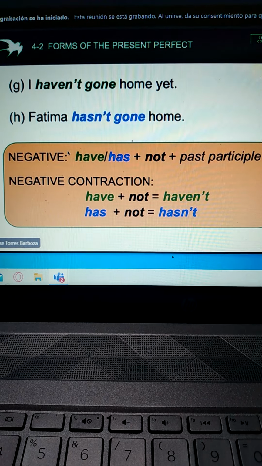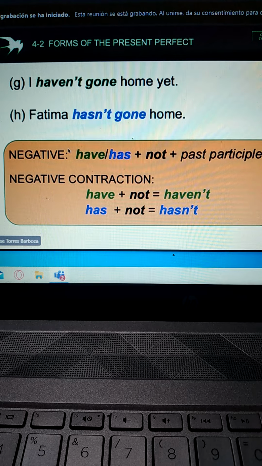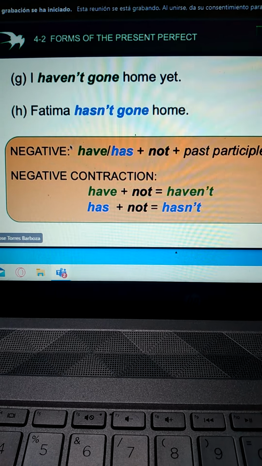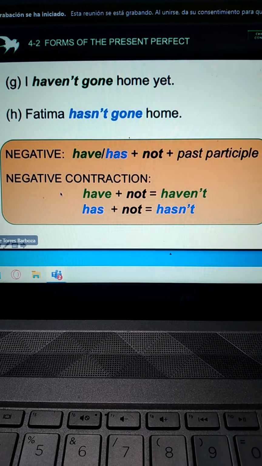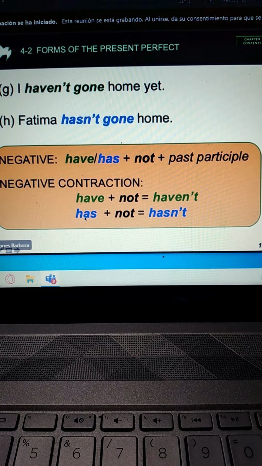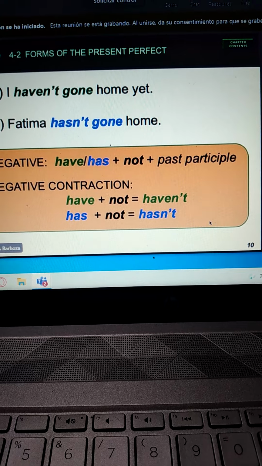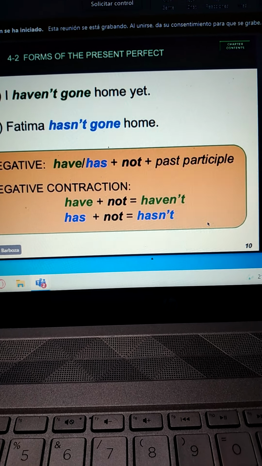Or I can use contractions. I haven't gone home yet, or Fatima hasn't gone home yet. Here, down here, you have the contractions. Have not equals haven't, has not equals hasn't. Okay?